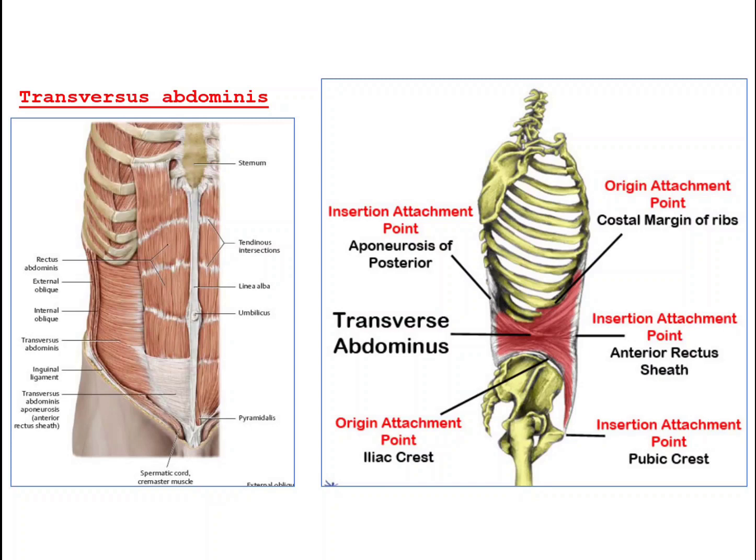The next muscle is transversus abdominis. The transversus abdominis muscle lies deep to the internal oblique muscle. The direction of the fibers is transverse, that is why it is named transversus abdominis. It originates from the lateral one-third of the inguinal ligament, the inner lip of the anterior two-third of the iliac crest, and the inner surface of the lower six ribs.